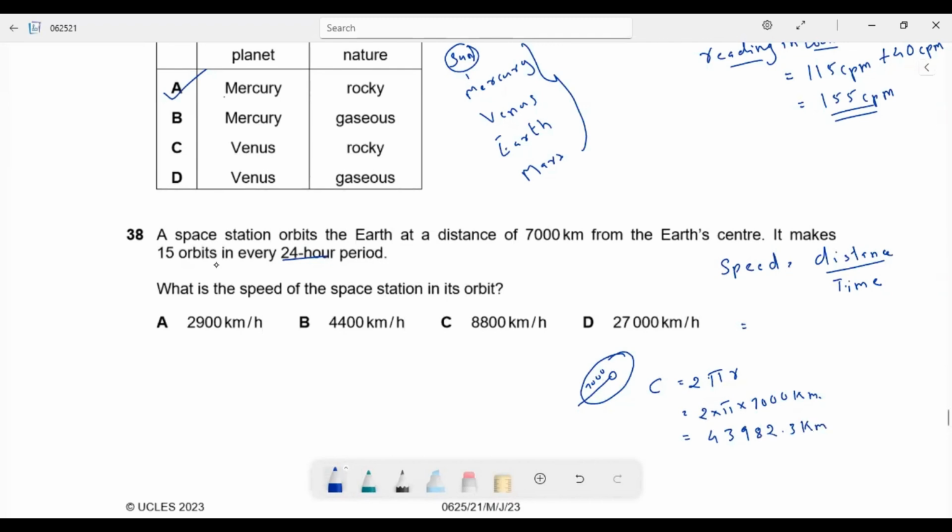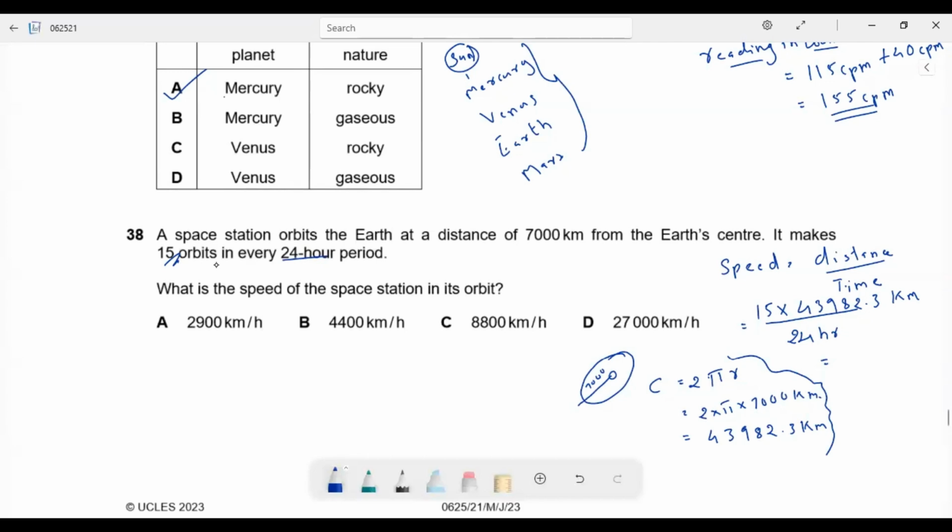So for finding the distance, total 15 orbits are there. So here speed equal distance by time, that is 15 into circumference, that is 43982.3 kilometers by time. Time is 24 hours. So calculate this one.